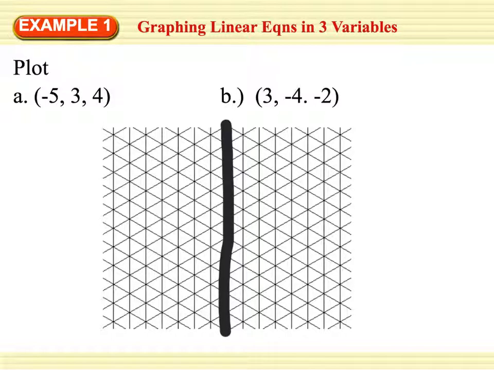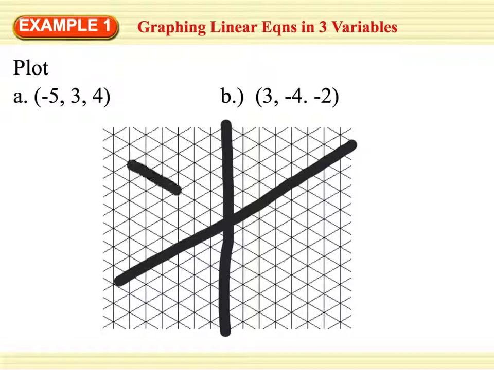Here is my x-axis, and here is my y-axis. When I look at this point here, it says -5, 3, and 4. I'm going to start out at 0, 0, 0, which is right here, and it says -5 in the x direction. I know that this is my x-axis, so I'm going to have to go 1, 2, 3, 4, 5. So this is -5.